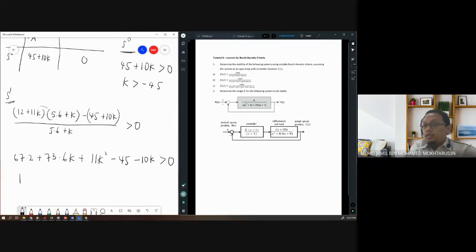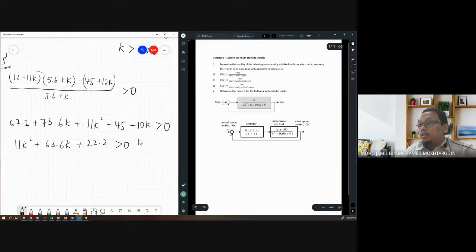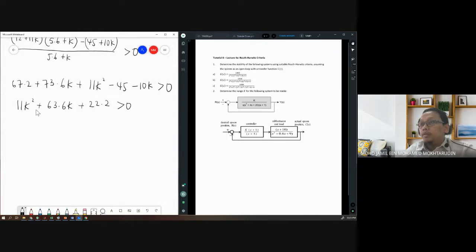So we get 11K squared plus 63.6K plus 22.2. So we get a quadratic equation, and we need to find the value of K. So use the quadratic equation formula.